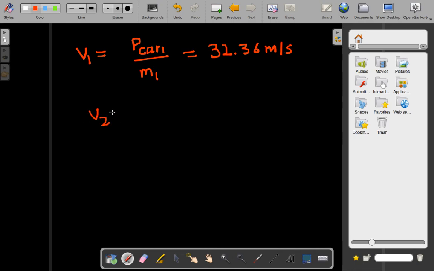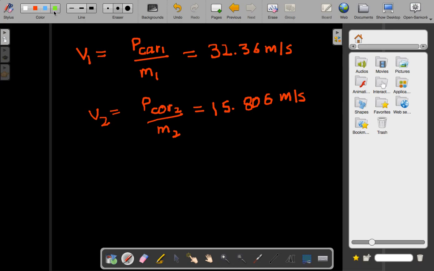And the velocity of the second car is the momentum of the second car divided by the mass of the second car, which is 15.806 meters per second.